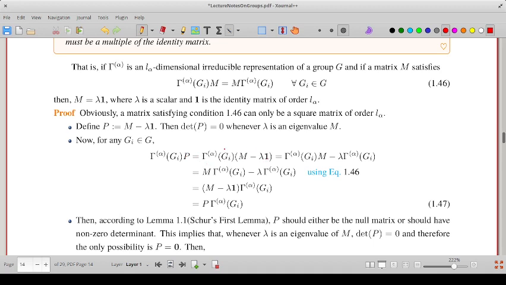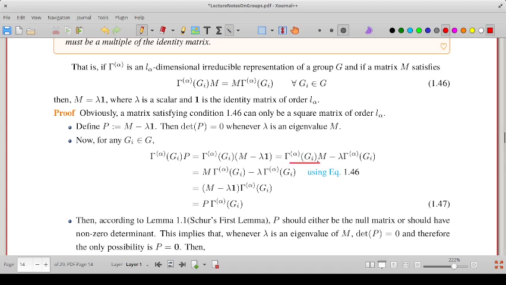So this is equal to gamma alpha Gi times M, minus lambda times gamma alpha Gi times 1, but since this is the identity matrix, this is simply equal to gamma alpha Gi. But our assumption is that M commutes with all the representation matrices gamma alpha Gi.